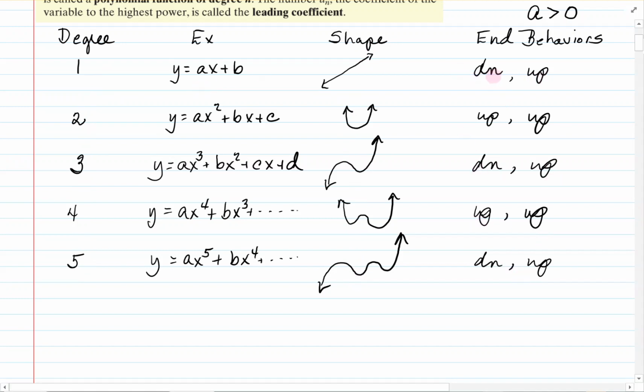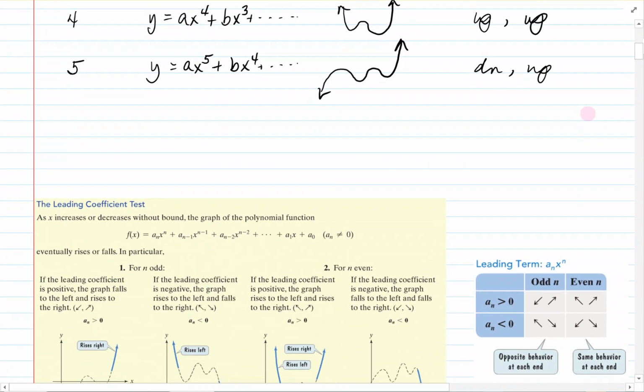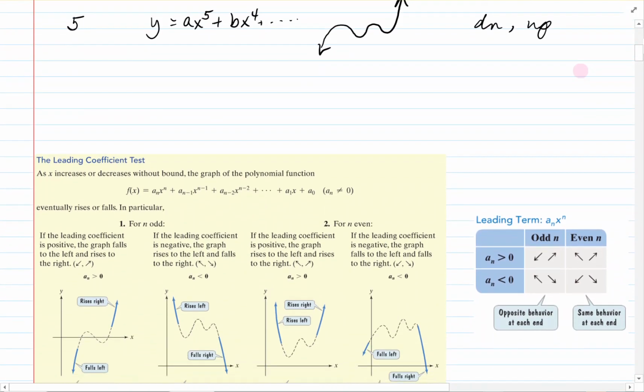When the degree was 1, it was down, up, then up, up, then down, up, then up, up, then down, up. There is a summary that we will look at. I'll go ahead and show it to you right now. The first part is what I've been talking about.